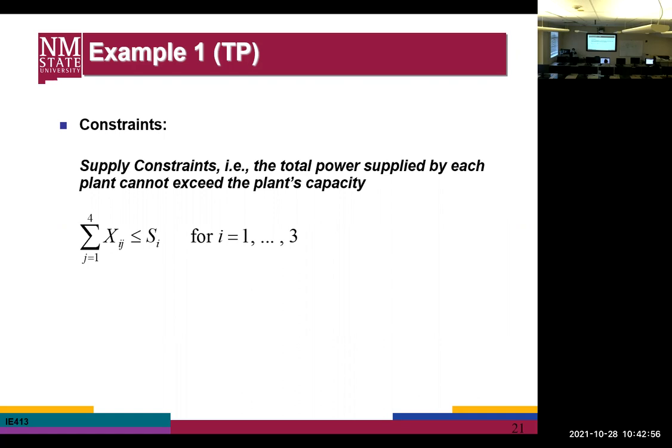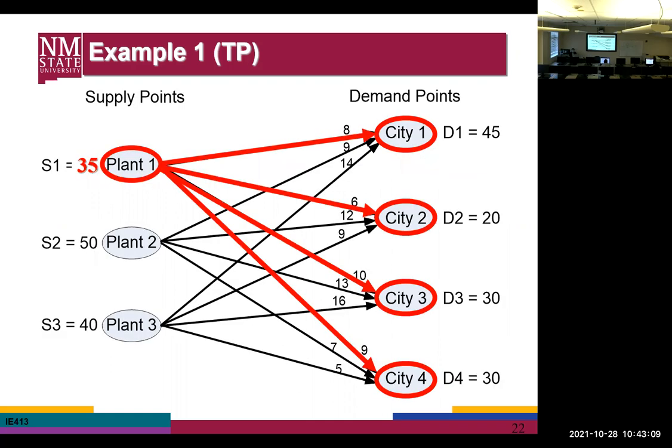For example, the total amount of power sent from plant number 1 to the 4 different cities cannot exceed plant number 1's capacity, which is in this case 35 billion kilowatts, right? So that's why the first supply constraint looks like this.